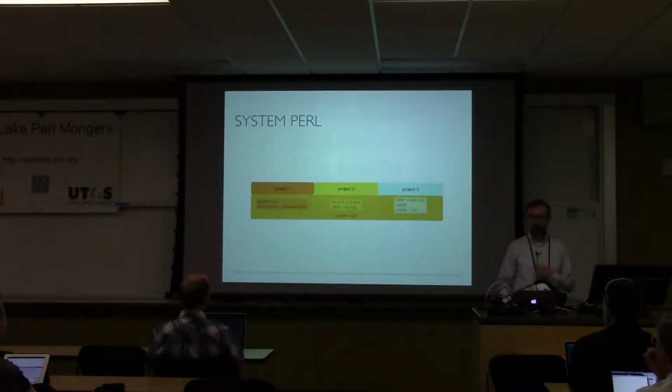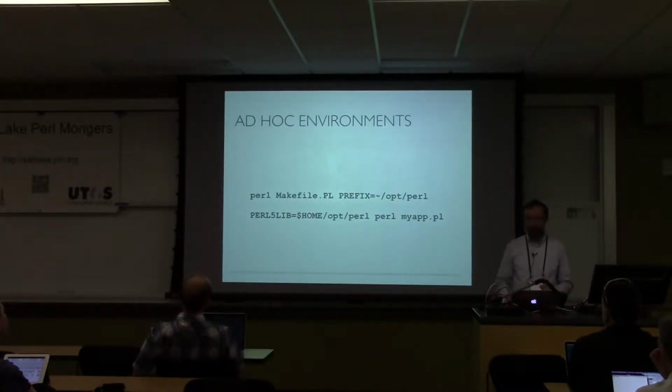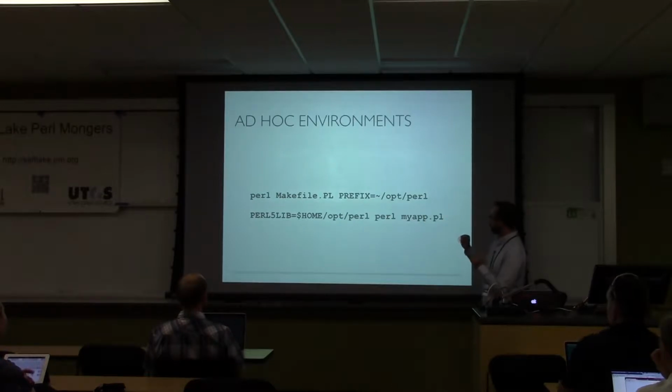So when I was younger, this is how we did dependency isolation. If I had a project and I wanted to make sure that I didn't mess up my system Perl, I would download the module, I would unpack it, and I would do the Perl Makefile.PL.